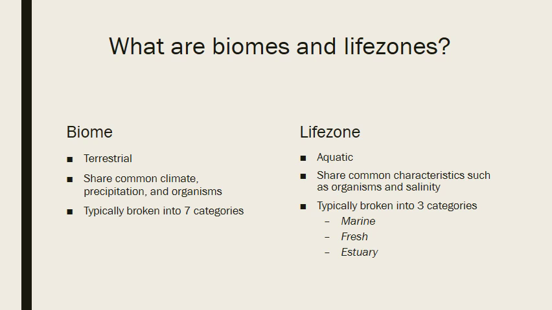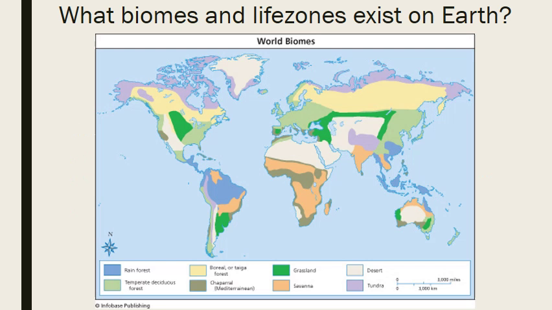In a life zone, we're looking for shared characteristics such as the organisms that live there and the salinity of the water. And those are typically broken into 3 categories: the marine, the fresh, and the estuary, which is the brackish water. So when we talk about the biomes and life zones that exist, we're looking here at the 7 to 8 major ones.